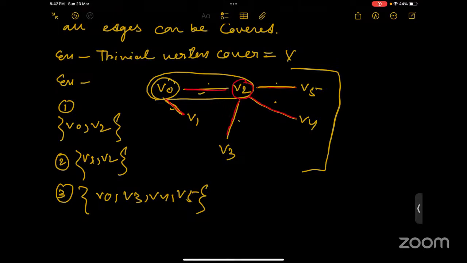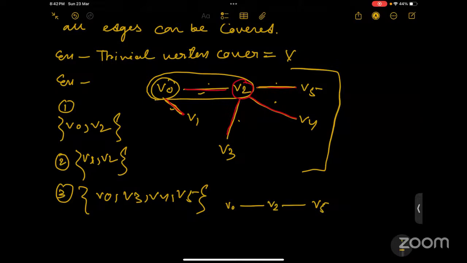I'm asking if there exists a vertex cover for V0, V5. So you are taking this portion of the graph. Yes, this is our graph now.